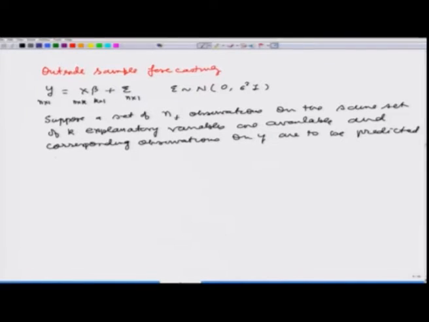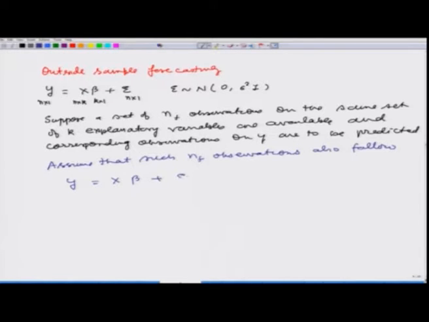We assume that such NF observations also follow the same model, that is y is equal to X beta plus epsilon. But now there is a difference between this model and the earlier model.